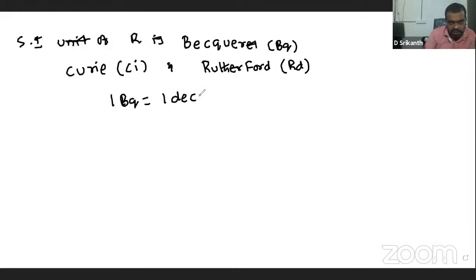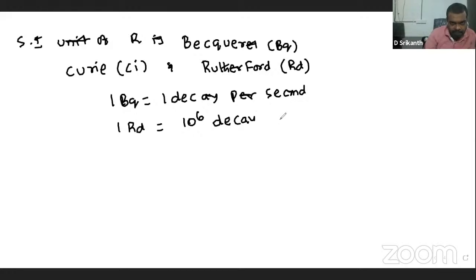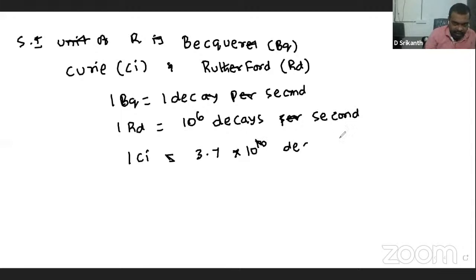And 1 rutherford is equal to 10 power 6 decays per second. 1 curie is equal to 3.7 into 10 power 10 decays per second. All of you write this down.